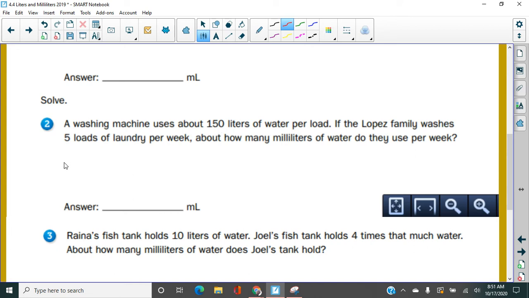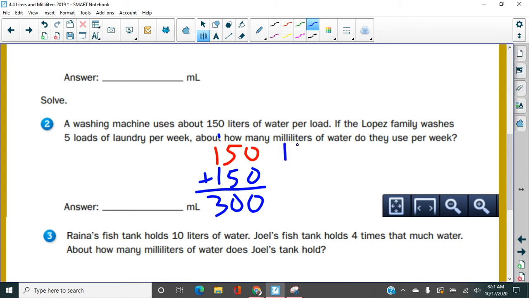All right, so 150 times 5. But that's probably beyond what we've done in multiplication so far. So I'm going to double it. So there's two 150s.